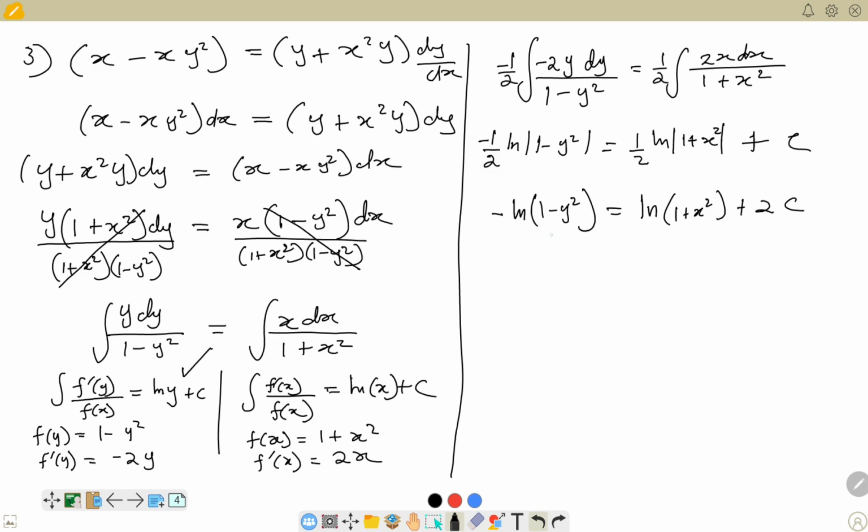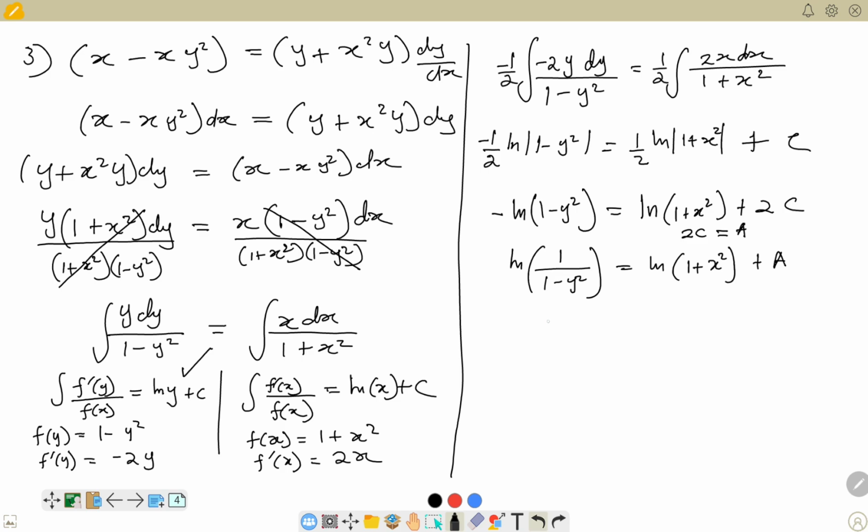But we cannot introduce exponential before we deal with this negative. So this one, we can write in a positive form. Then it's going to be like this: ln of 1 minus y squared equals negative ln of 1 plus x squared, plus 2c. Then we can let 2c be equal to a. Let's just put a here. If we let 2c be equal to a, now it is okay.